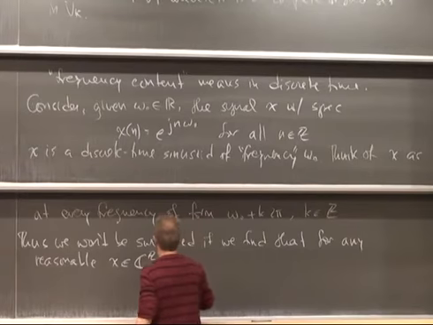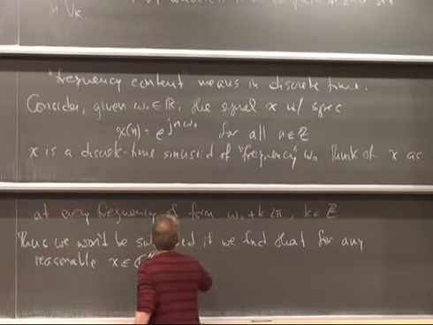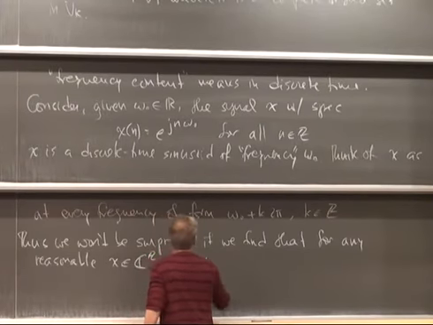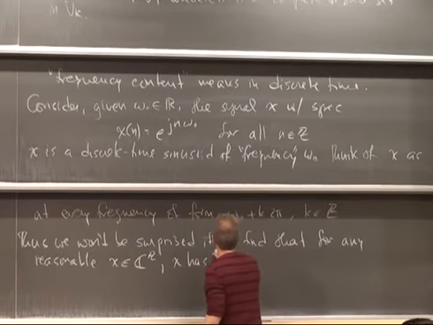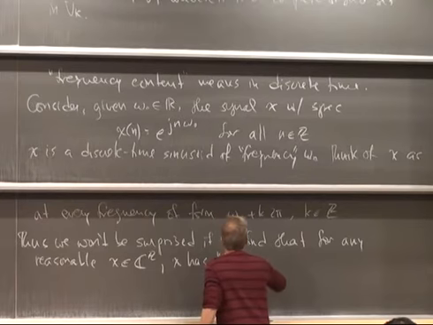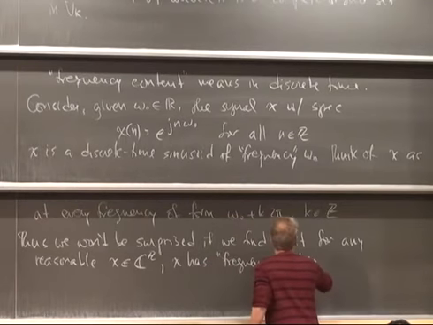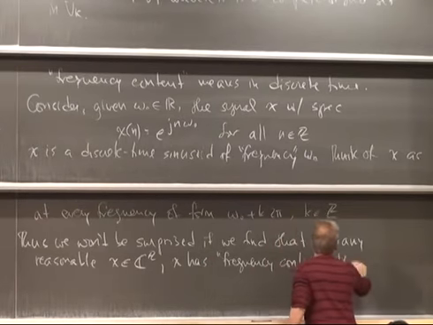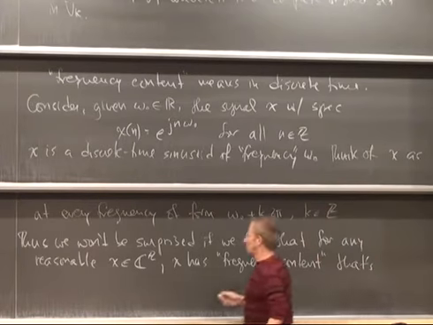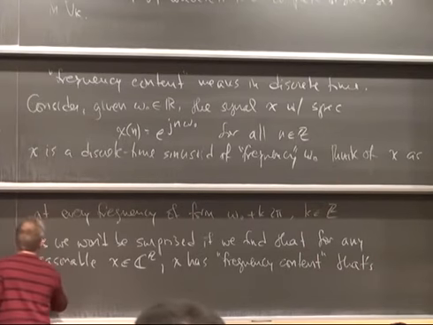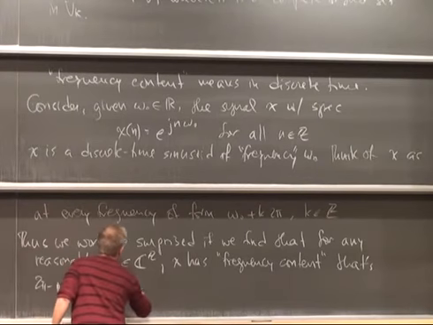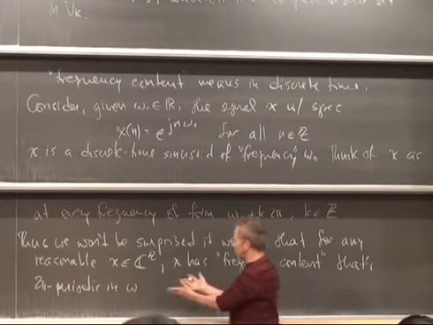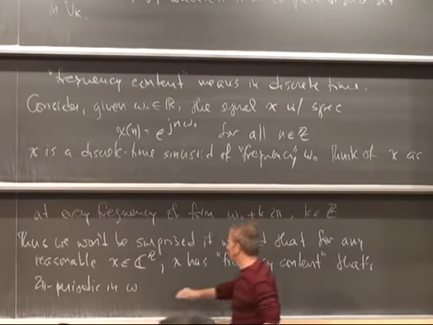Any reasonable x in c to the z has frequency content that is 2 pi periodic in omega. And let's see how this arises.